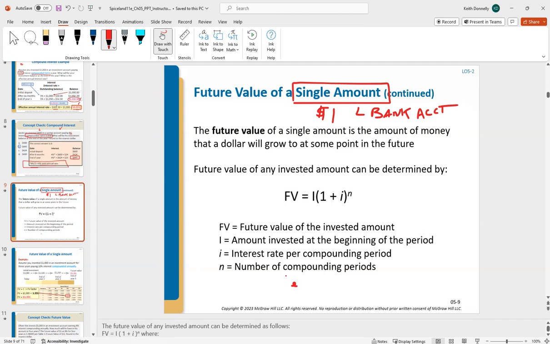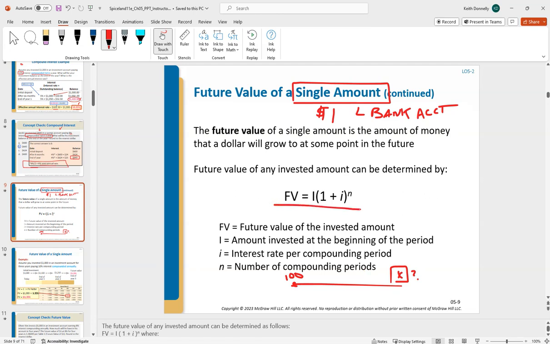If you put $100 in your bank account, what will it be worth? A single amount, right? It's not a series of payments, it's just a single amount. What will it be worth in the future in 3 years, 5 years? That's the idea here. We're taking a present amount and figuring out what it's worth in the future in light of the time value of money, right? Maybe I get X% return in that bank account.